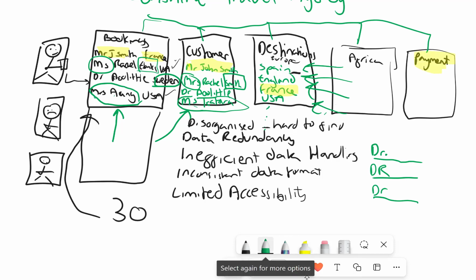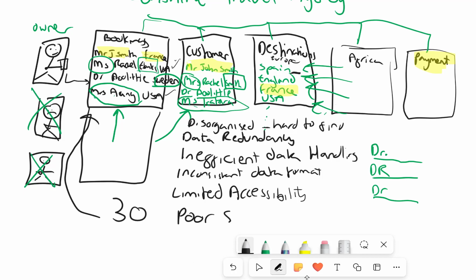No. I am the owner. I want access to their payment information because I care about that sort of thing. But these guys shouldn't have any access to that. But because we're using this file-based system like Microsoft Word documents to store the data, security is pretty poor. It could lead to breaches, misuse.